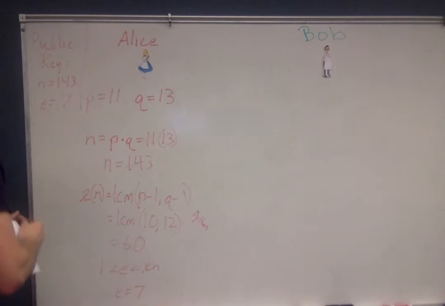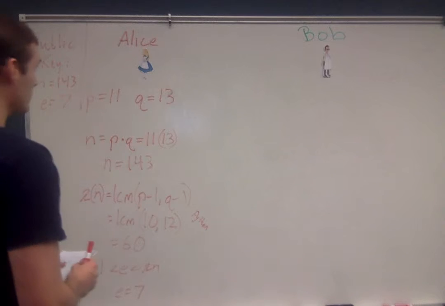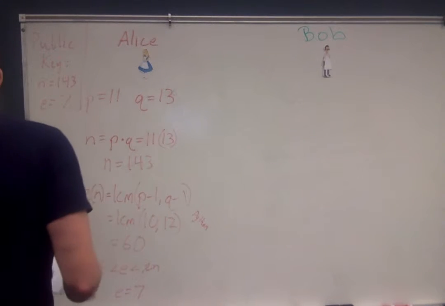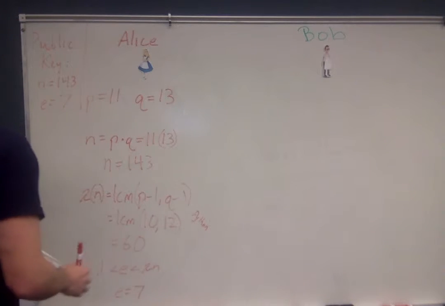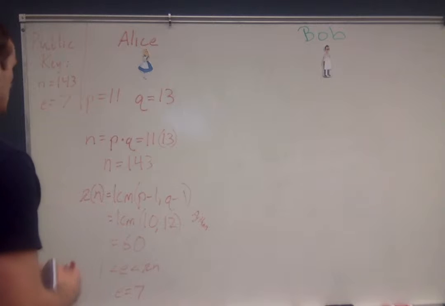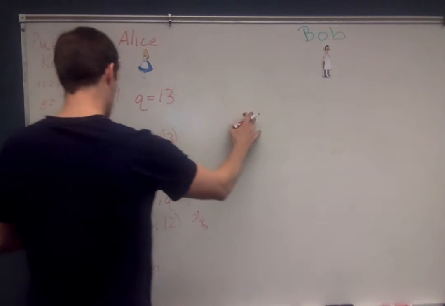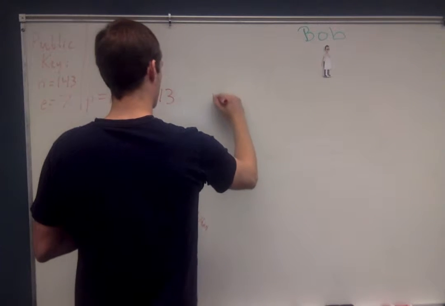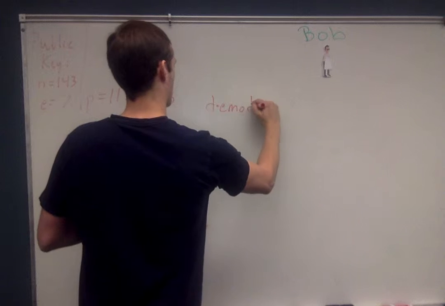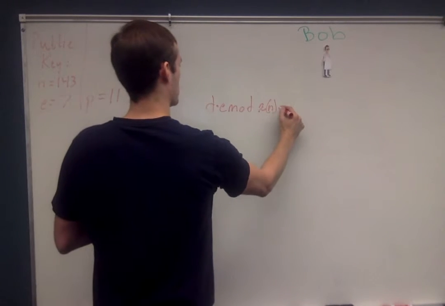Now, Alice also needs to come up with a private key that is not going to be distributed to Bob. The way we're going to do that is we're going to find the modular multiplicative inverse of E and lambda N and label that number D. So we need to find a number such that D times E mod lambda N is equal to 1.